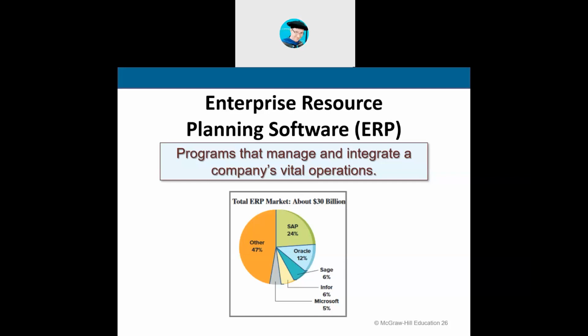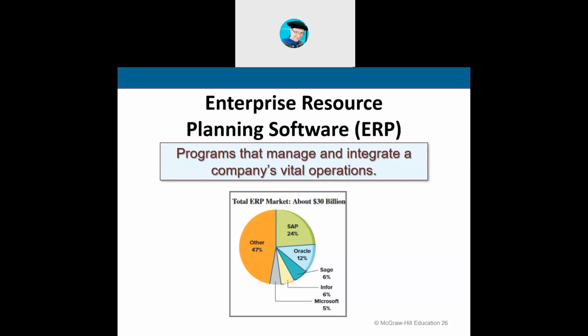It's enterprise resource planning. Enterprise resource planning is a process by which the organization manages their resources. In accounting software, we use that software to manage our information and our operations.